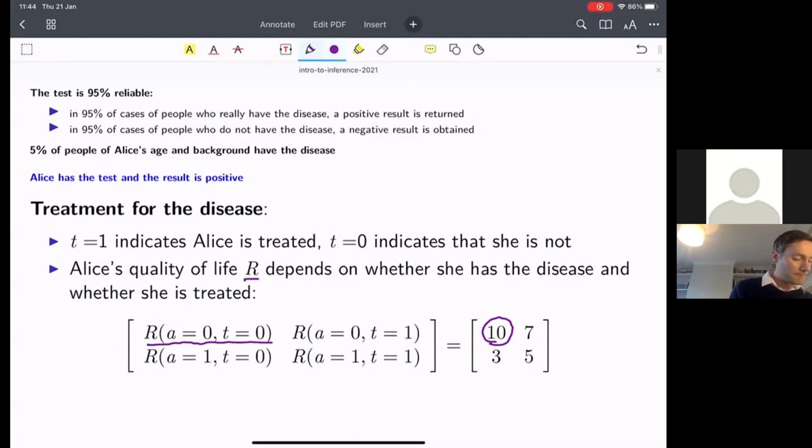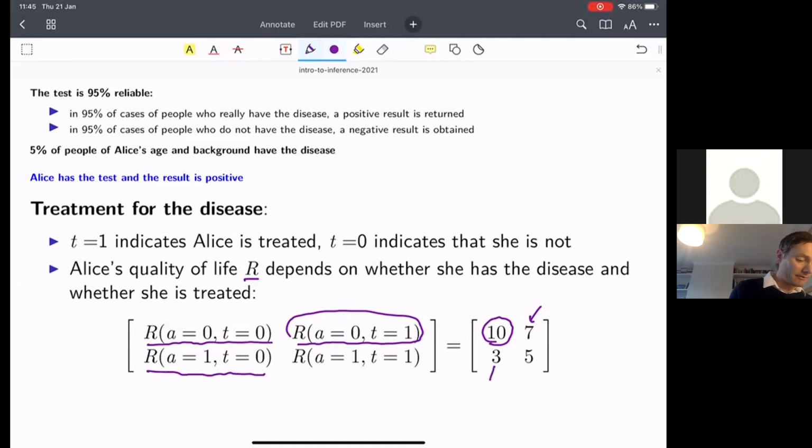If you don't have the disease and you have some treatment, the treatment does have some side effects. So steroids have some side effects, and they impact on your quality of life. And this study has said that it reduces your quality of life by 30%. You only have 7 quality of life points now rather than 10. If you have the disease and you don't have the treatment, it's really quite bad and unpleasant.